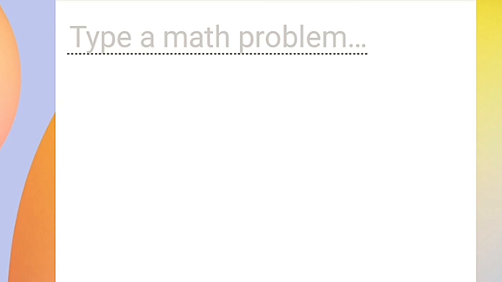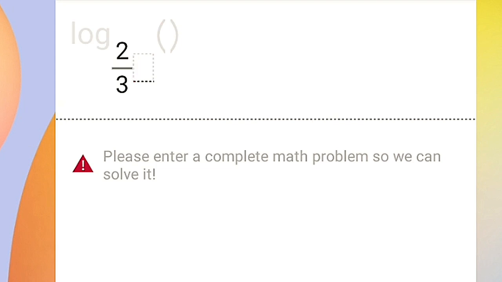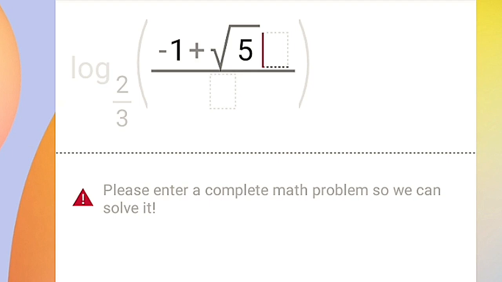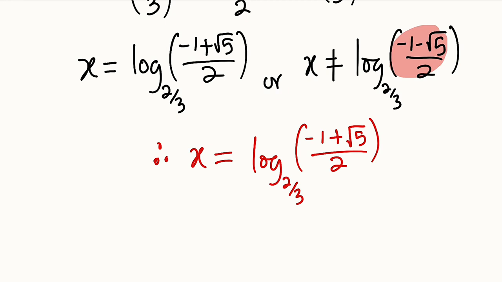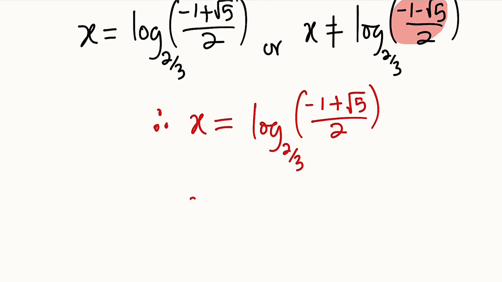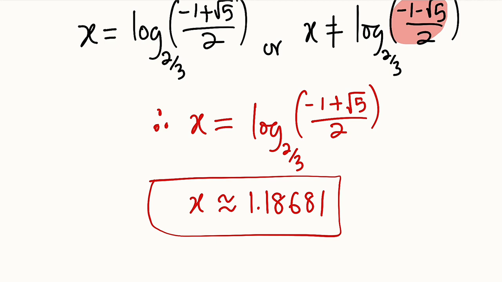What I need to press is the logarithm, our base is 2 divided by 3, and the number there is minus 1 plus square root of 5 divided by 2. And you can see we have an approximate value of 1.18681. So now let us conclude. Finally, x is approximately equal to 1.18681. And this is our real solution.